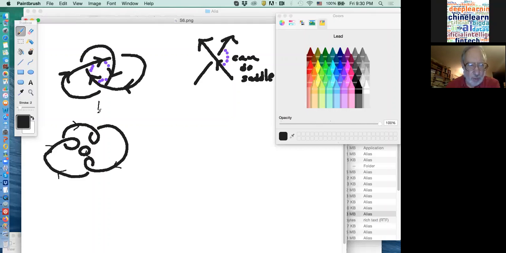So there's a cobordism here. But now, you see, from the point of view of cobordism, this is equivalent to, you can undo the curls.